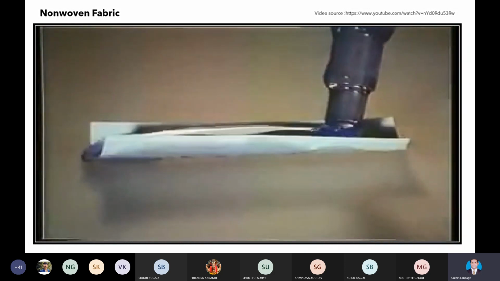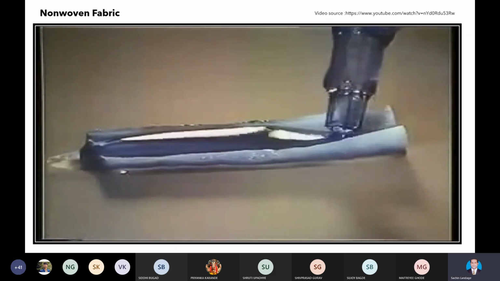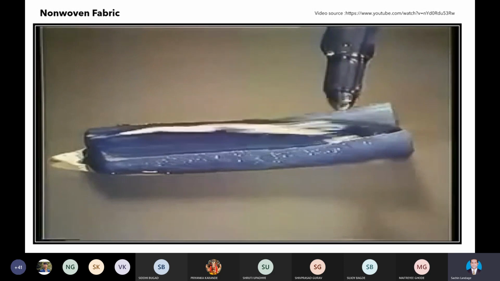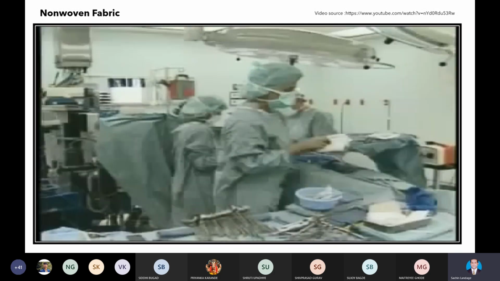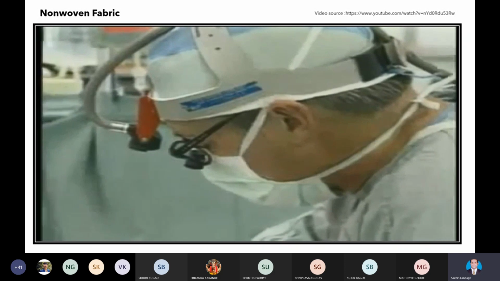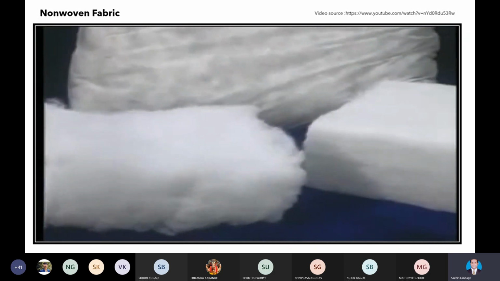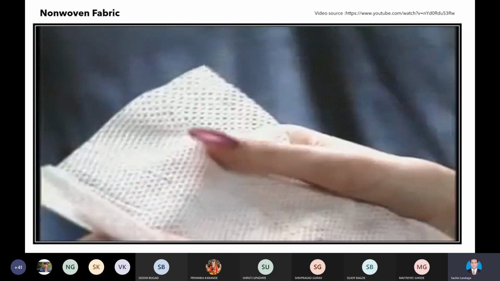Some can absorb several times their own weight in water, oil, or other fluids. They can filter out hazardous chemicals or dangerous bacteria. They can be made gossamer thin or extremely thick, dense, or porous.